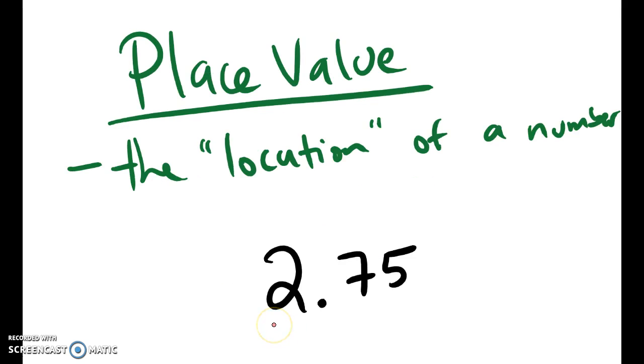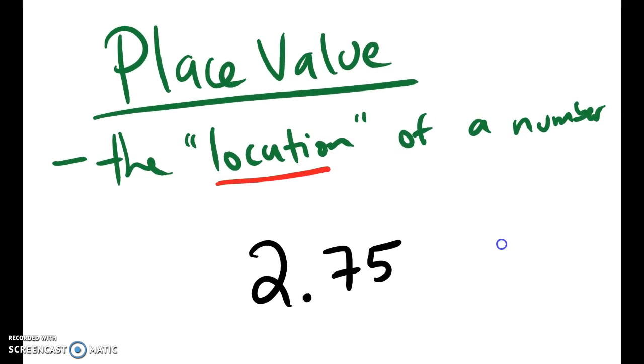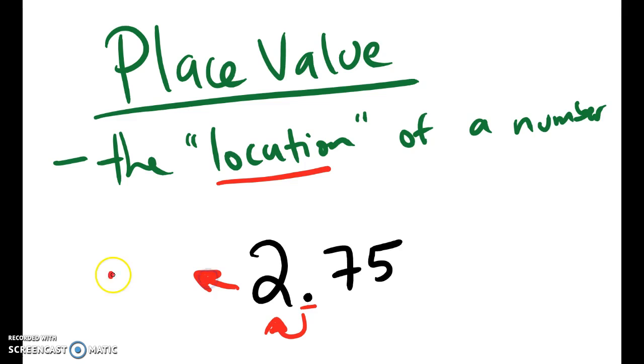Place value is the location of a number. What I mean by location is where a number is relative to the decimal point. If the number is one space to the left of the decimal point, then this number is said to be in the ones place.